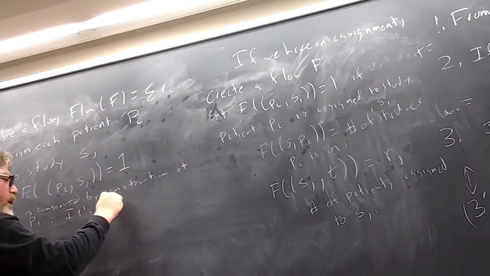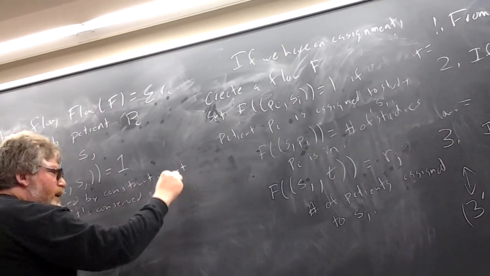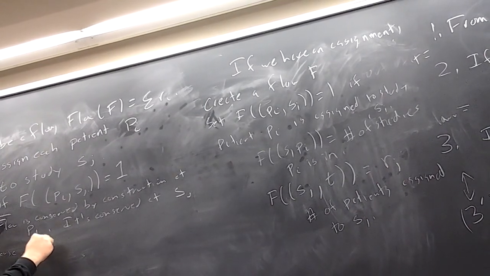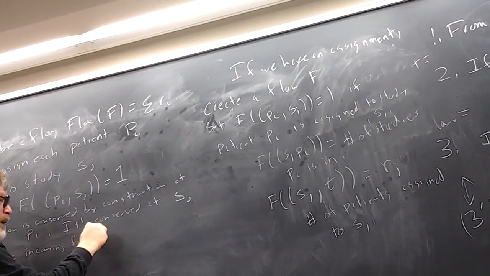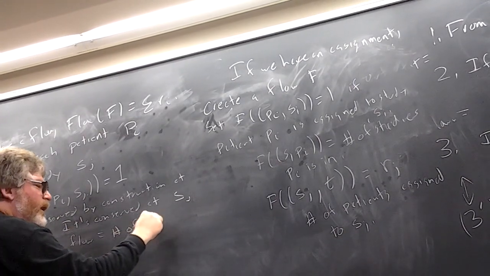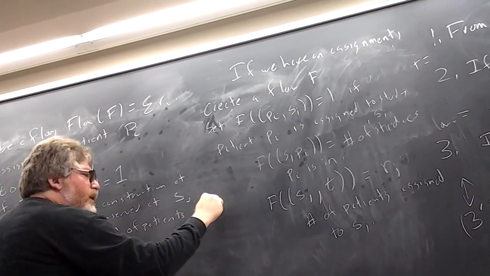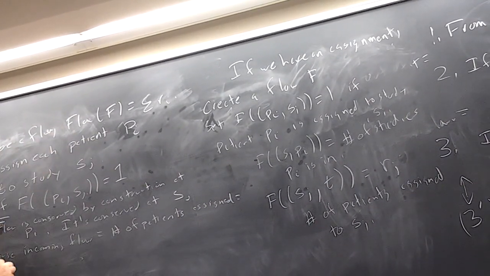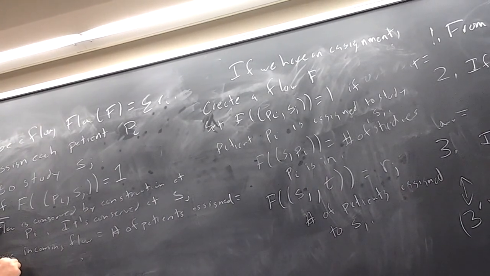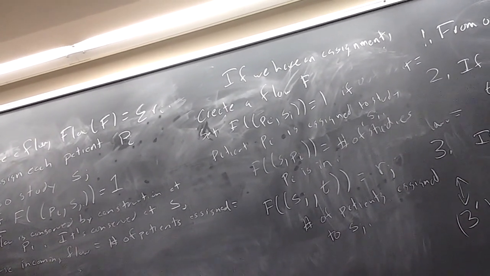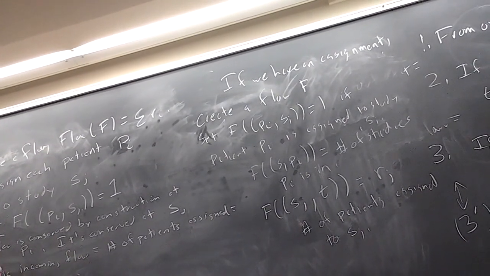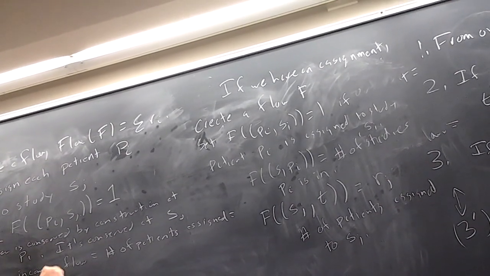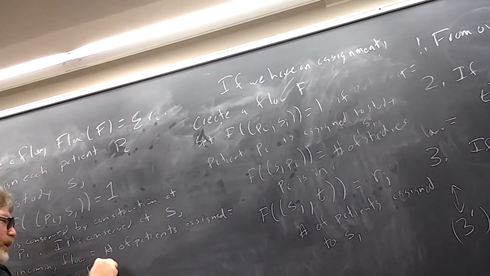It is conserved at Sj because the incoming flow equals the number of patients assigned by the rule, and that equals Rj because we're assuming the assignment gives each study exactly its required number of patients, and that's equal to the outgoing flow by our construction.